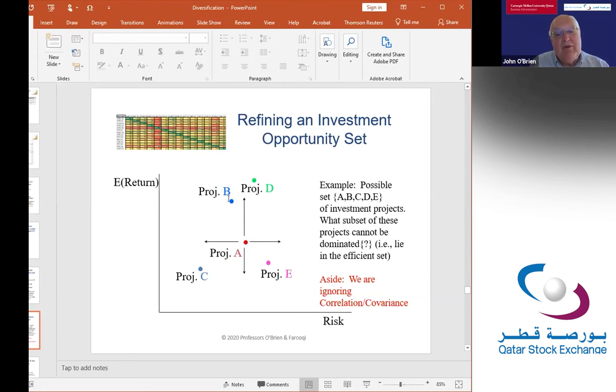And if we're in between, we'll choose B. But we'll never choose A and E if we're risk averse because they're dominated by B and D. Now, if we're really risk loving, we may just go for E because it's got a high level of risk. In some states of the world, it's going to give us a very high payoff, but we're assuming a lot of risk.